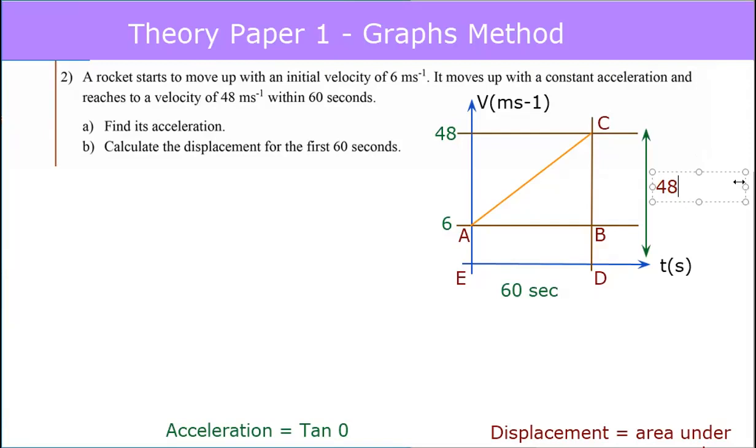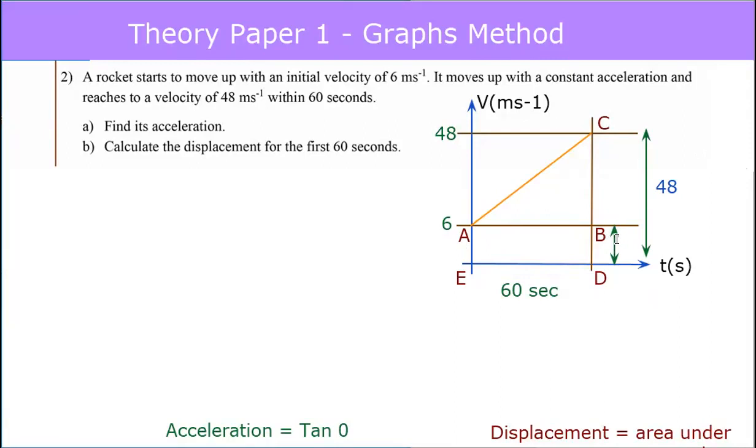Right. The next thing is, what is this height? 6, sir. It is 6. See, because the rocket starts the motion at 6. This is 0, 0 to 6, 6.